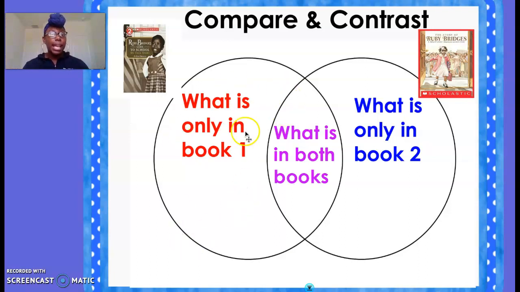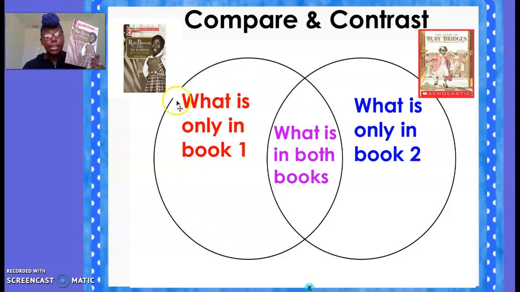On this side of my Venn diagram, I'm talking about book 1, which is Ruby Bridges Goes to School. And in this part, I am only going to give details and information that is unique to Ruby Bridges going to school. Meaning I'm looking for things and topics and points that are only in this Ruby Bridges story.